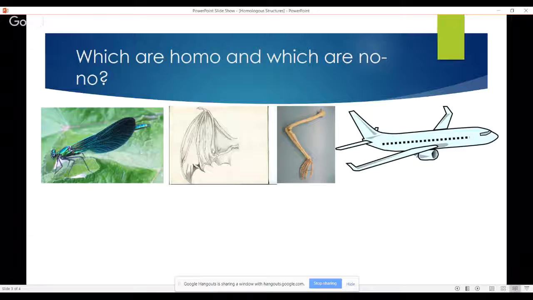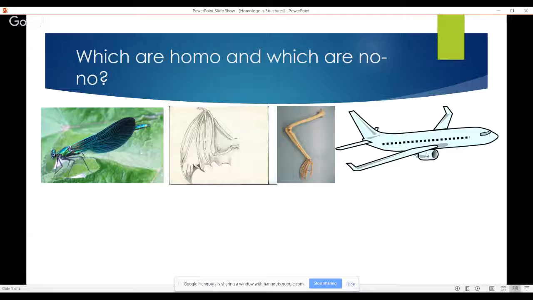And also, it's attached to a longer bone, like ours, and then to some small connecting bones, like we have in our wrist, and then long fingers. So they're the same basic structure, even though they're used for very different things. We obviously can't fly, but bats can. We have the same bone structures. These two are actually homologous with each other.